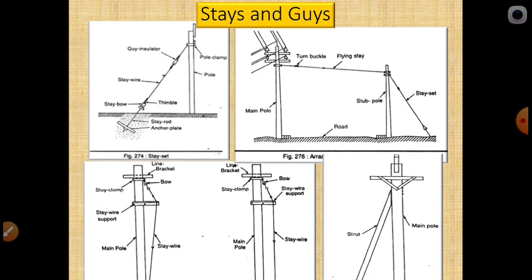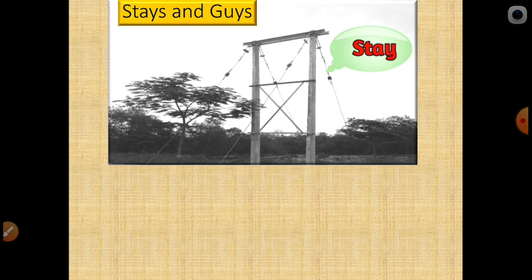The strut is the same type of pole, half of the pole. The strut is used in the opposite direction to the stay wires. You can remember that. Here you can also see stays and guys for the H type cut point.